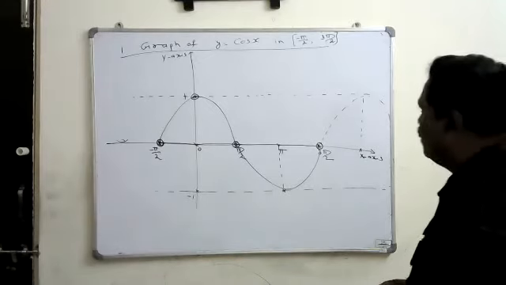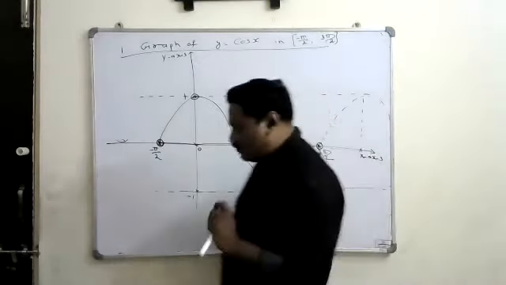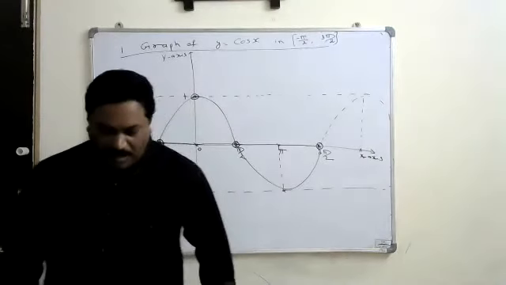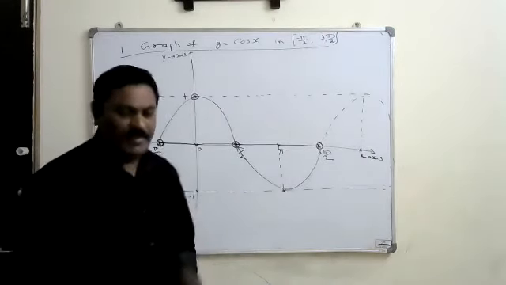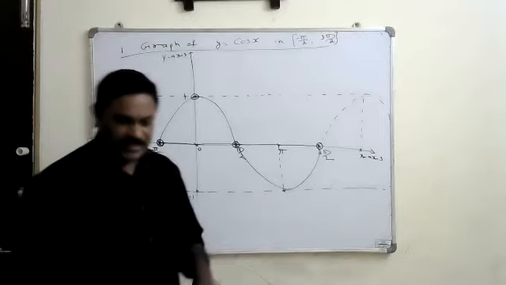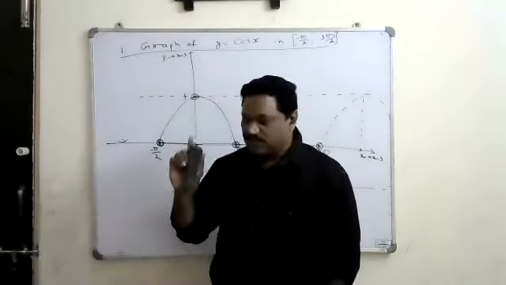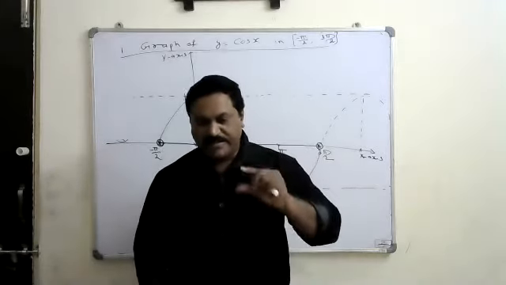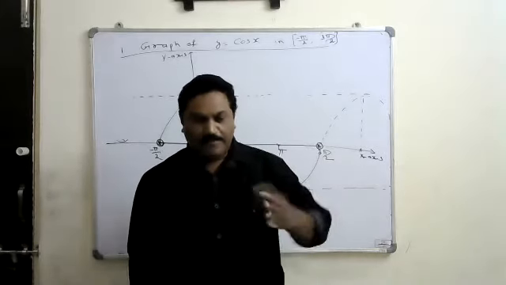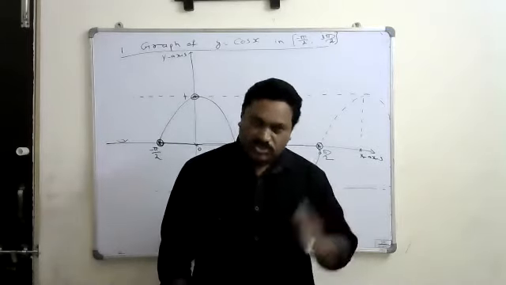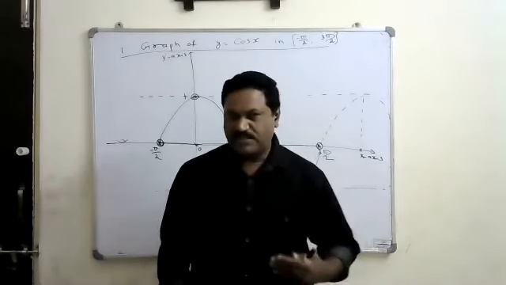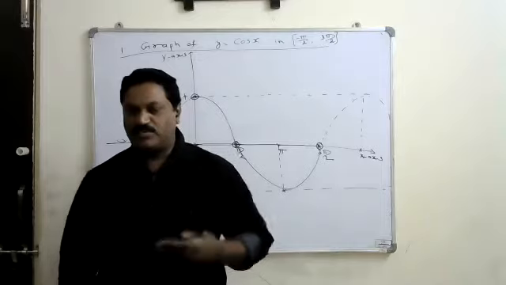So these are the graphs of sin x as well as cos x. But if I want to compare the sin function and the cos function, I will represent both graphs on a single graph paper. Then you can compare sin x and cos x, and find in which interval sin x is more than cos x, and in which interval cos x is more than sin x.